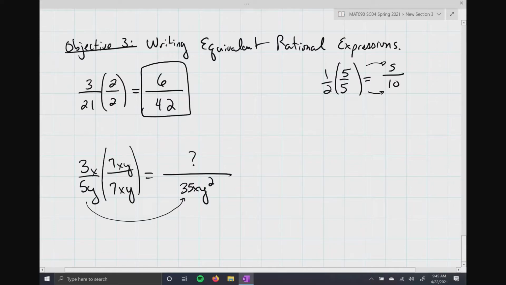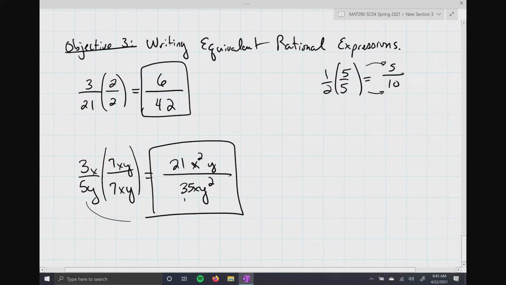Is that correct? So, what's my equivalent fraction? 21x squared y. Are there any questions with how we built that?